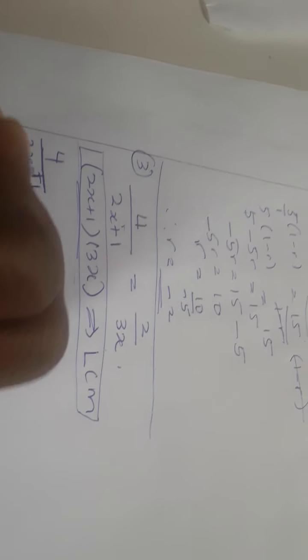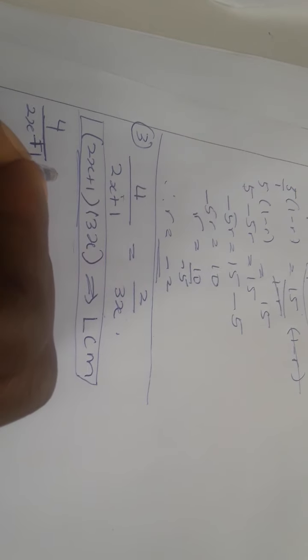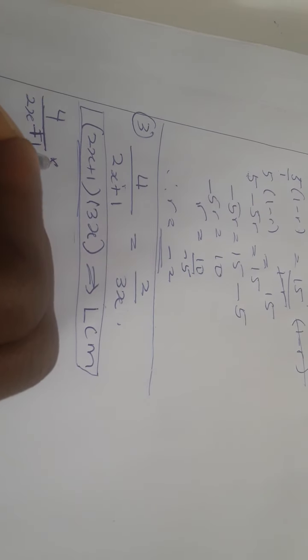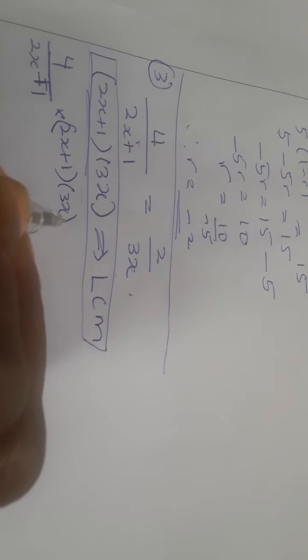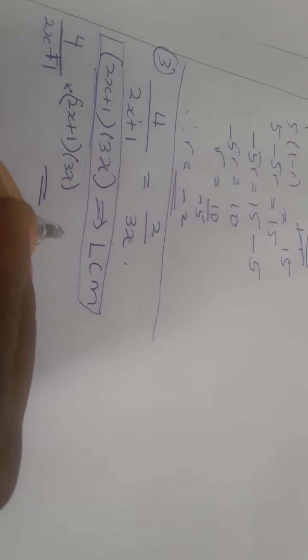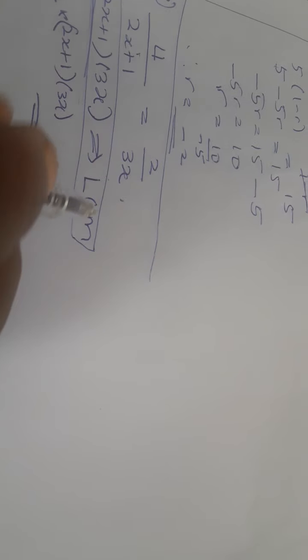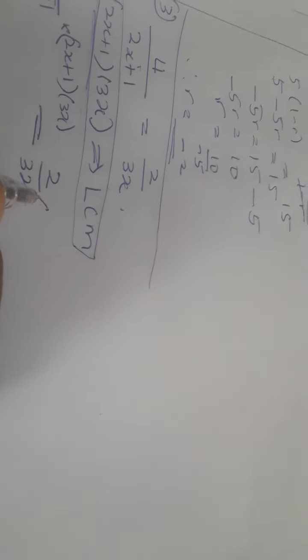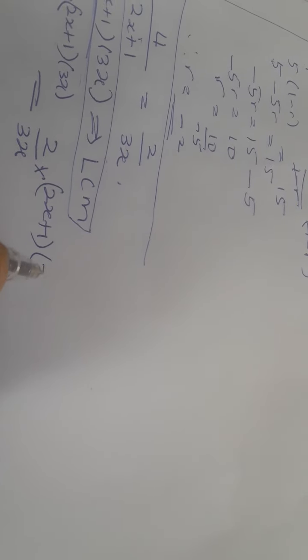So you have 4 over 2x plus 1 multiplied by 2x plus 1 times 3x, that's multiplied by the LCM, is equal to 2 over 3x multiplied by the LCM again, and our LCM is 2x plus 1 into 3x.